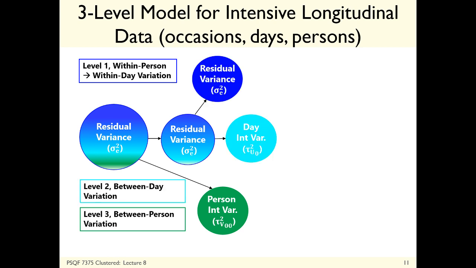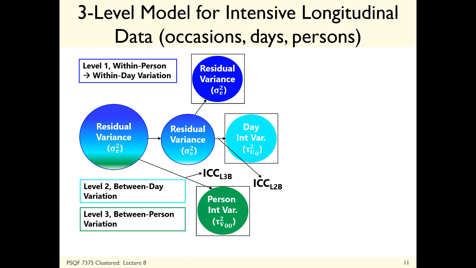Then you can separate out 2 and 1 as what I'm calling over time: how much is between days and within days. Because that's a common question in these sorts of designs: is it 2 level or 3 level? If I have multiple occasions per day over multiple days, do I just have a whole lot of times within a person? Or does it matter if they have multiple occasions per day, do I need to keep track of which day it is? And that's an empirical question.